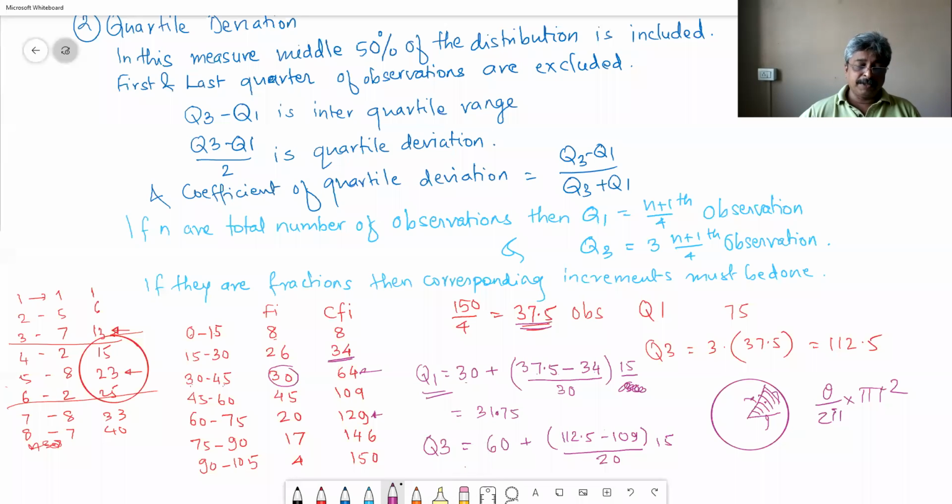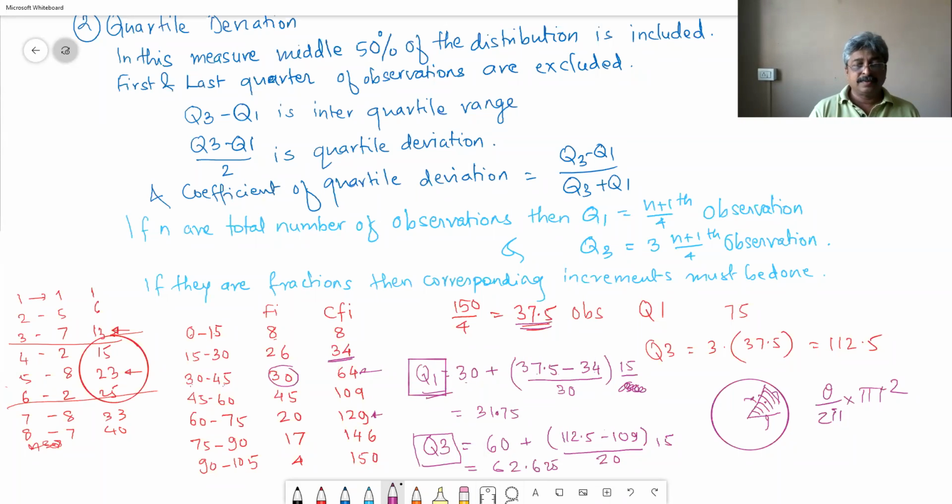So this answer will be 62.625. That is the value of Q3, and this is the value of Q1. Now you can do this calculation and find the quartile deviation.